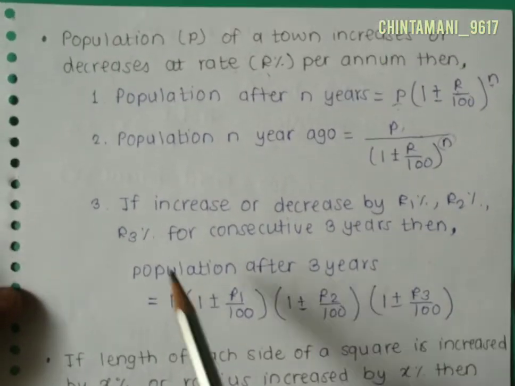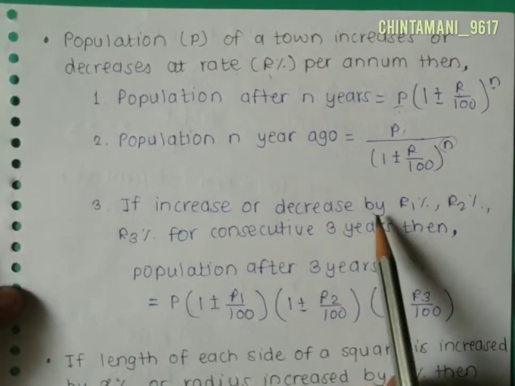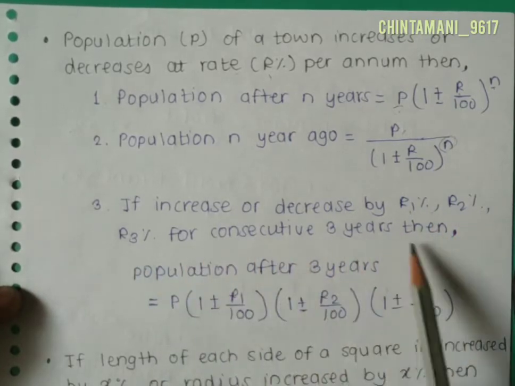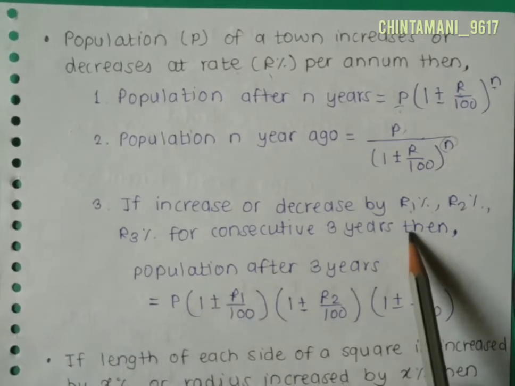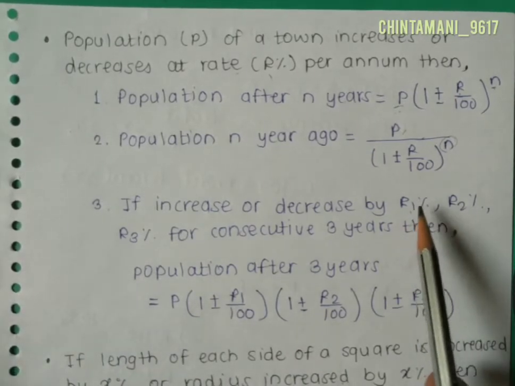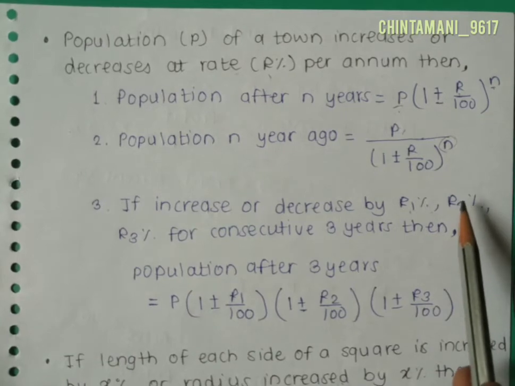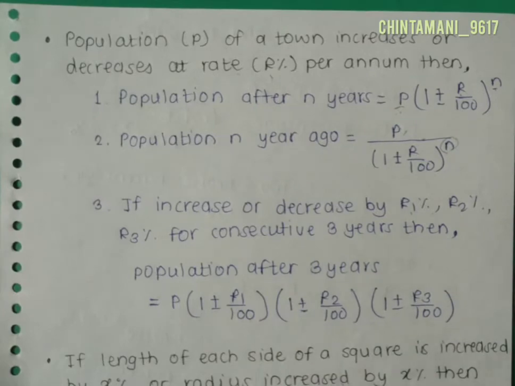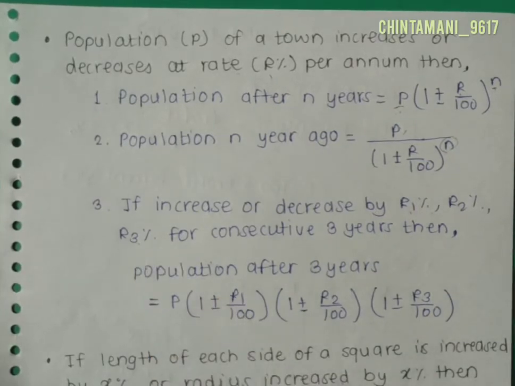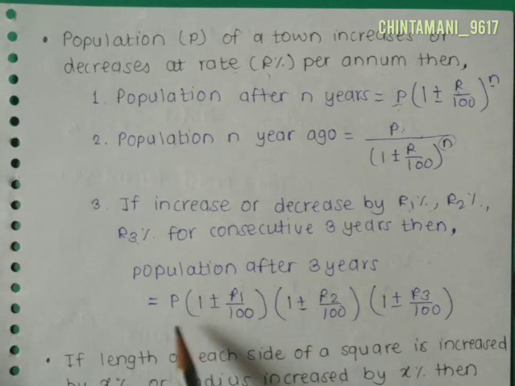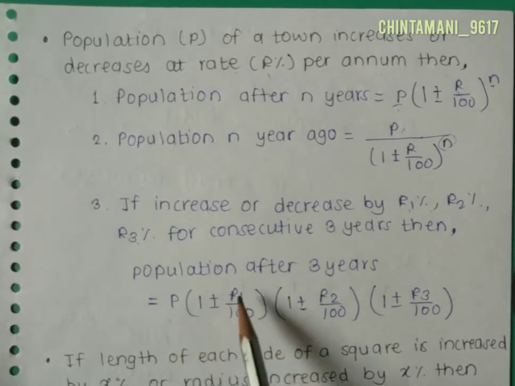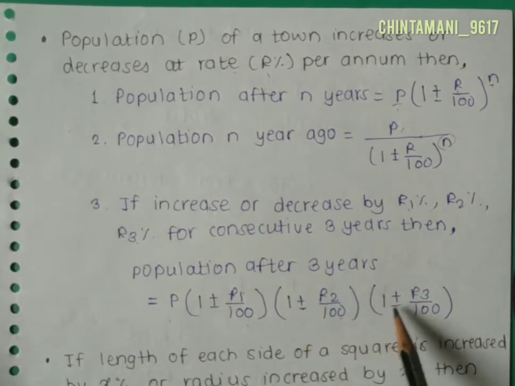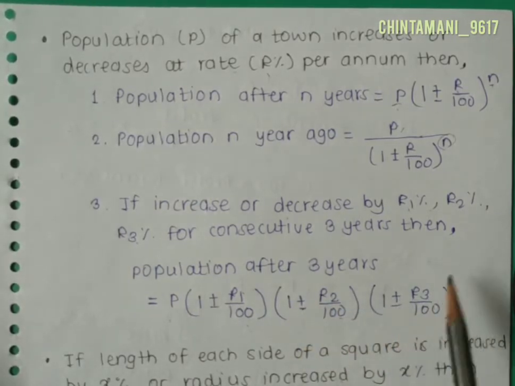Similarly, if the population increases or decreases by r1 percent, r2 percent, r3 percent for three consecutive years, that means in the first year there is an increase or decrease of r1 percent, in the second year r2 percent, and in the third year r3 percent. So the population after 3 years is P (1 plus or minus r1 by 100) into (1 plus or minus r2 by 100) into (1 plus or minus r3 by 100).